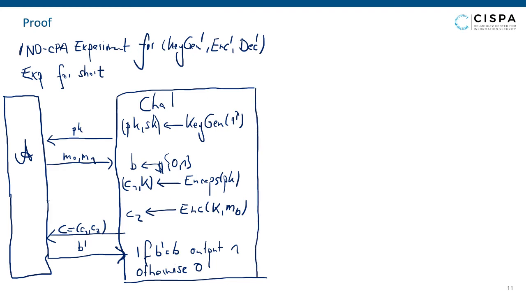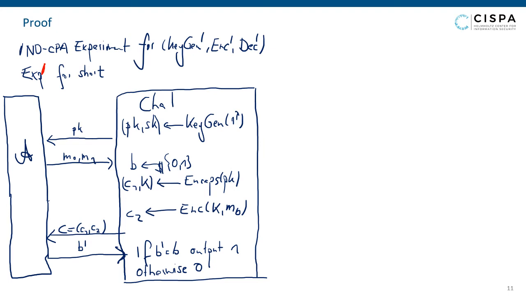And as always, when we prove security using several assumptions or several building blocks, we will at least once modify this experiment into, say, a thought experiment or a hybrid experiment. The way we will do this here, call this new experiment Exp', will be by the way we compute the ciphertext c2.